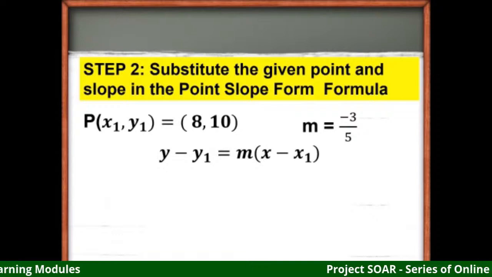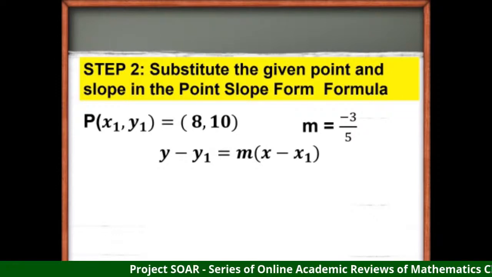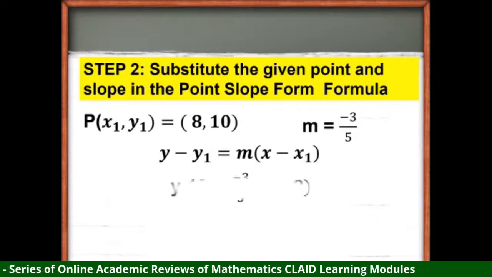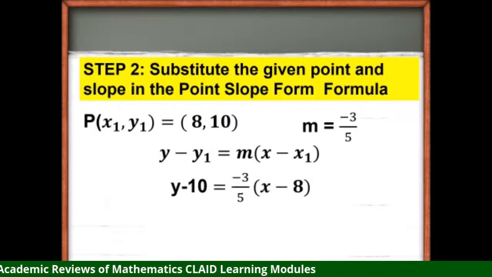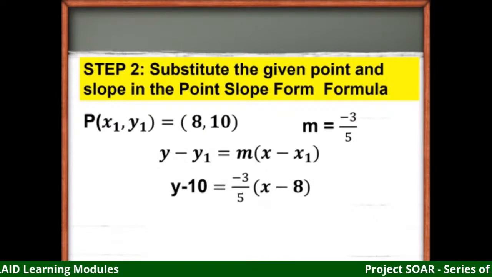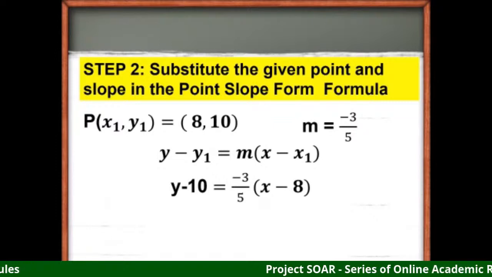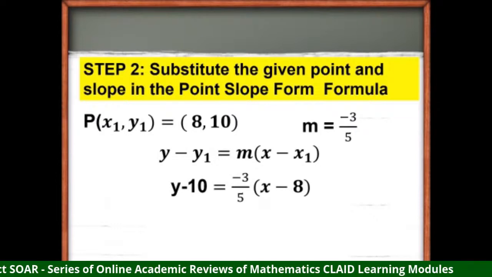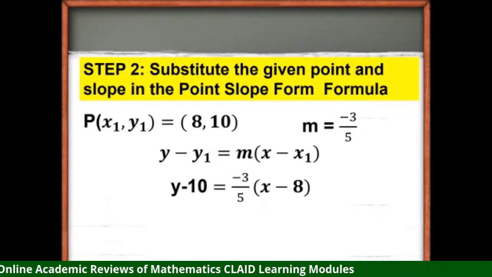Substituting the given point (8, 10) and the given slope, negative 3 over 5, in the formula, we have y minus 10, which is for our y sub 1, equals negative 3 over 5, which is the value of our slope for m, quantity x minus 8, which is the value of our x sub 1.